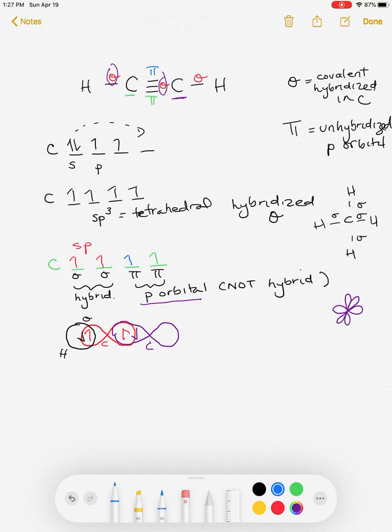So I'll do the blue one here. And remember, it's going with this carbon. Okay, so we'll make this one the py, and there's one electron there, and pz, and there's one electron there. Okay, so far I've dealt with this. Now let's deal with the other side.